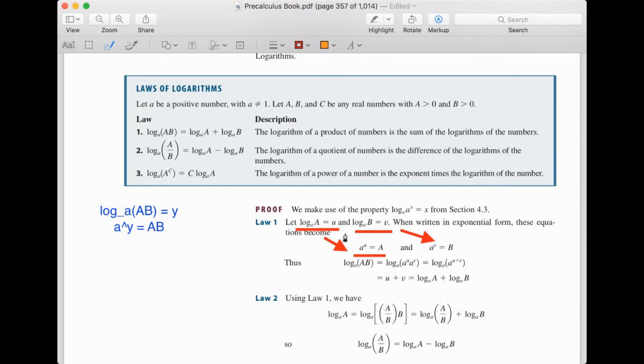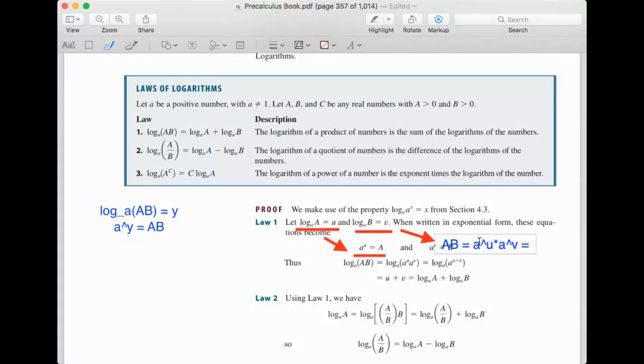Now let's multiply A and B. What do we get? A times B equals a to the power u times a to the power v.